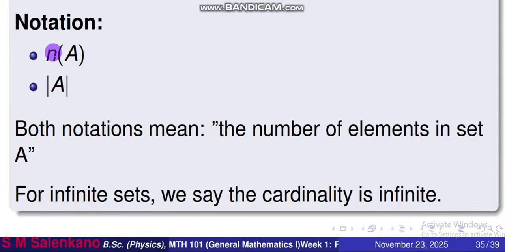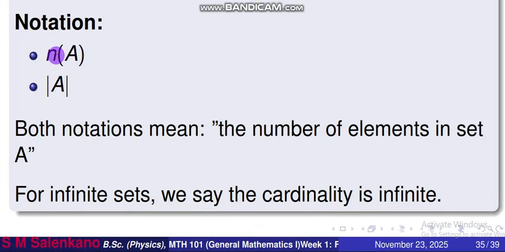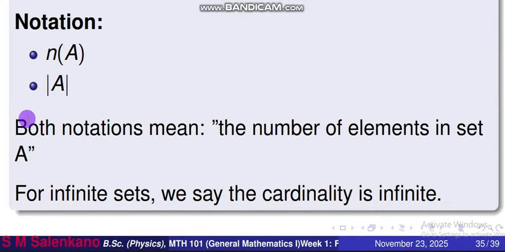You just read it as the cardinality of set A. This one too, you read as the cardinality of set A. This is how it is read in set language. Both mean the number of elements in set A.